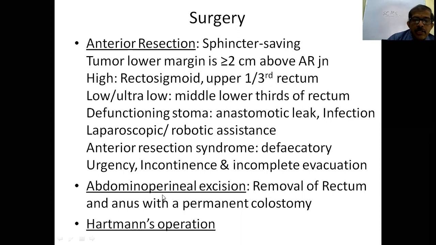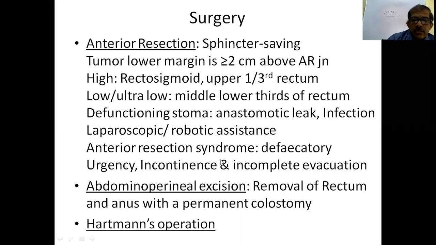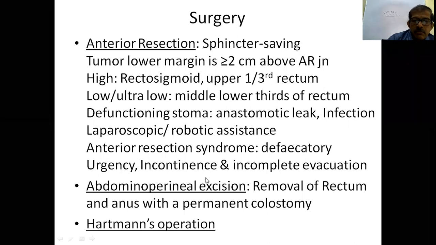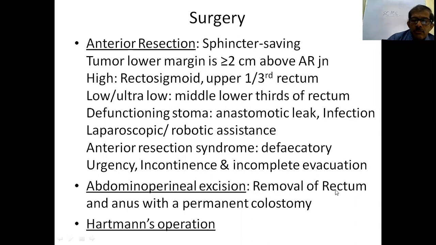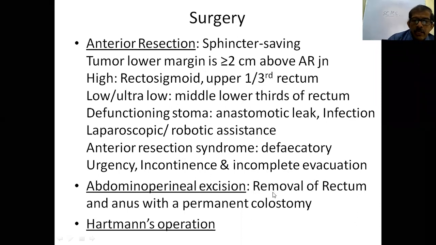So coloanal anastomosis will lead to complete incontinence. The patient is better off with a colostomy rather than a disturbing incontinence. So you will remove the rectum and anal canal, and then a permanent colostomy is made.